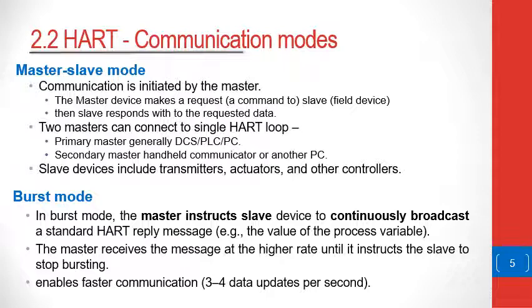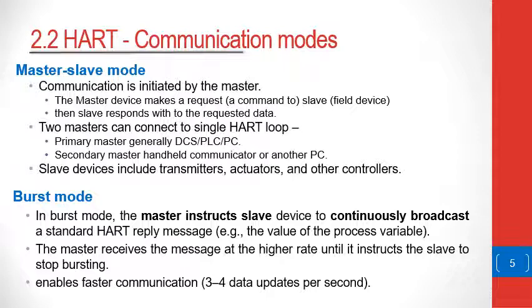Because it's a master-slave type of protocol, the master always has to initiate communication. Even if it's requesting the same type of information, it requests it each and every time, which is an overhead in terms of communication. To speed that up, there is what's called burst mode. In burst mode, the master instructs the device to continuously broadcast a standard reply.